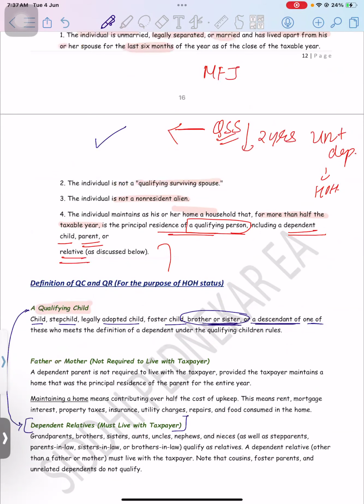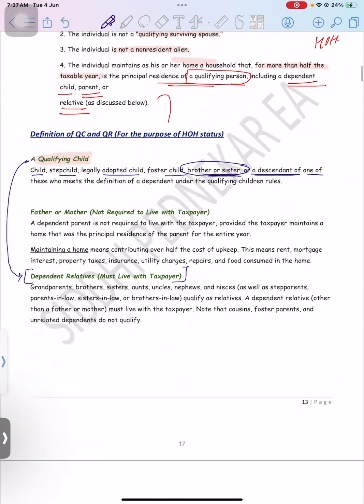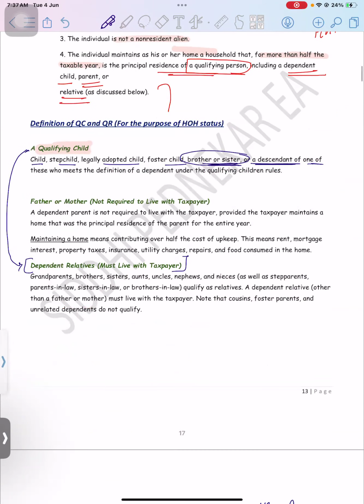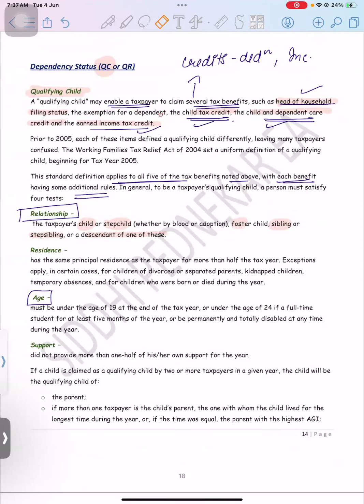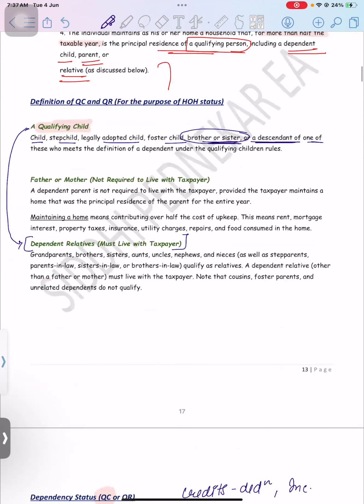Clear, guys? Please prepare small notes for yourself while studying, about which definition has what criteria. Clear, everyone? I hope so. Here you can see that for these five things, you need to understand the definition of child. For head of household, forget about this; the whole definition is already defined over here.